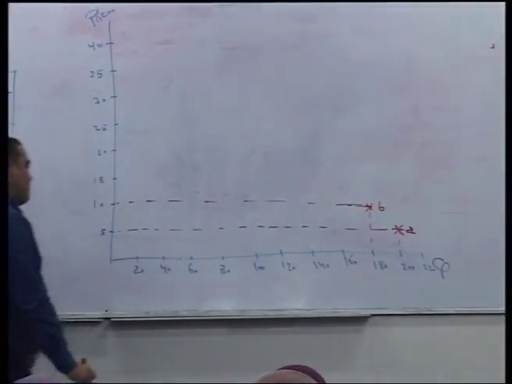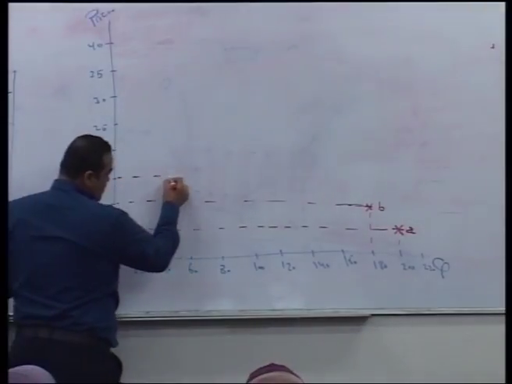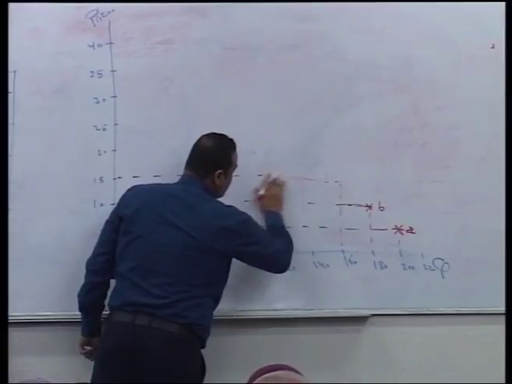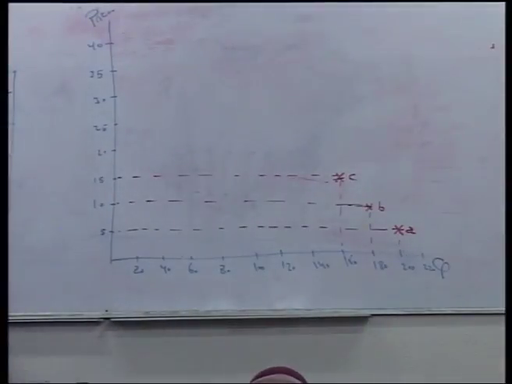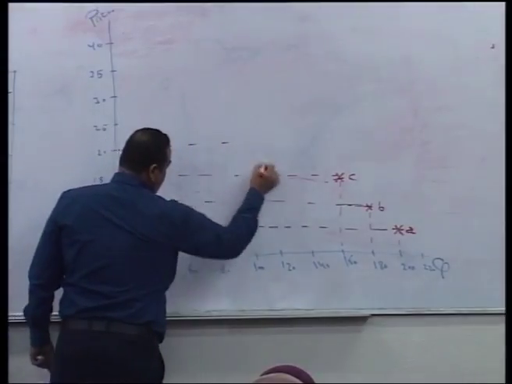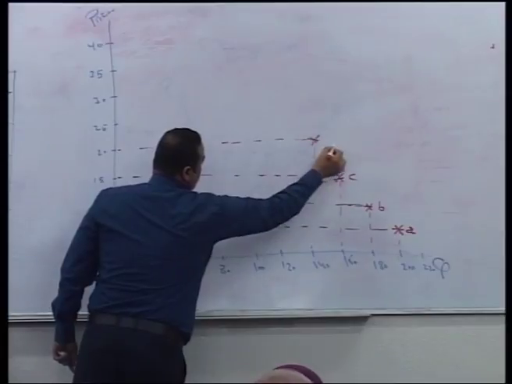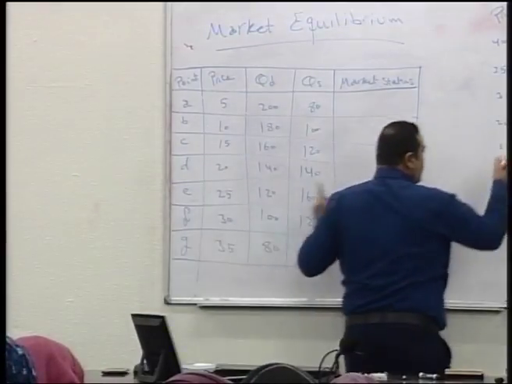B. C, 15 and 160. D, 20 and 140. E, 25, 120.